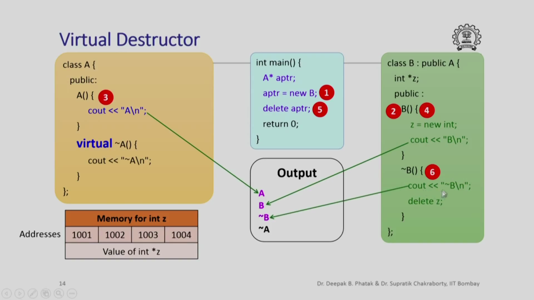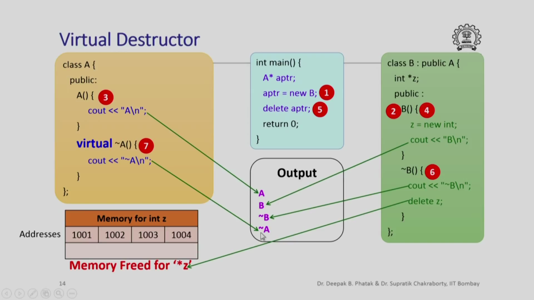So you will print tilde B, you will then go ahead and free up the memory that was allocated for the integer over here, and after that you are going to call the destructor for the class A. This is exactly what we have studied earlier, that when we call the destructor of a derived class, first the statements in the body of the destructor of the derived class are executed, then the statements in the body of the base class are executed. So now this is going to get executed and tilde A is going to get printed, and now we are fine.